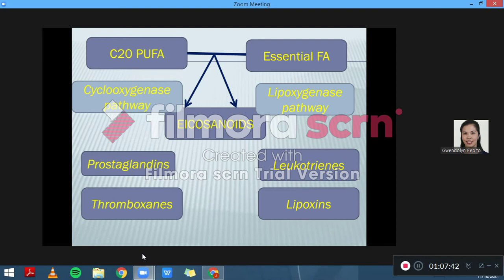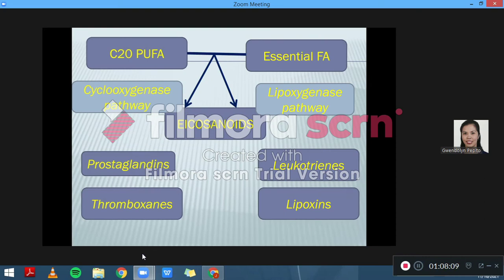So these are the eicosanoids: the prostaglandins, thromboxanes, leukotrienes, and lipoxins. Also, you remember that your prostaglandins and thromboxanes are synthesized through your cyclooxygenase pathway, while your leukotrienes and lipoxins involve your lipoxygenase pathway.